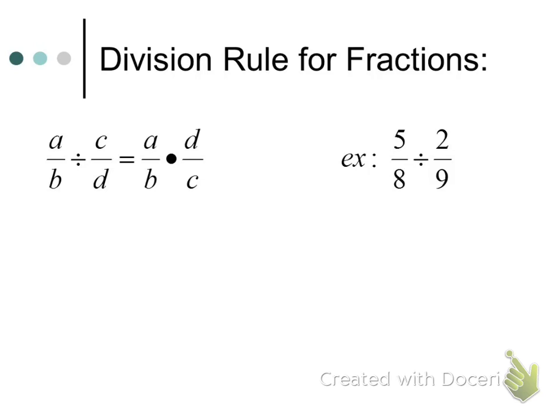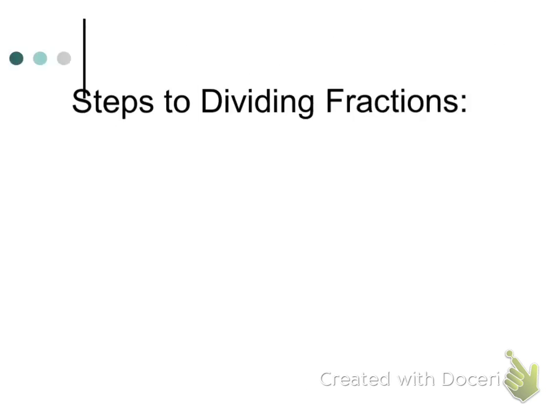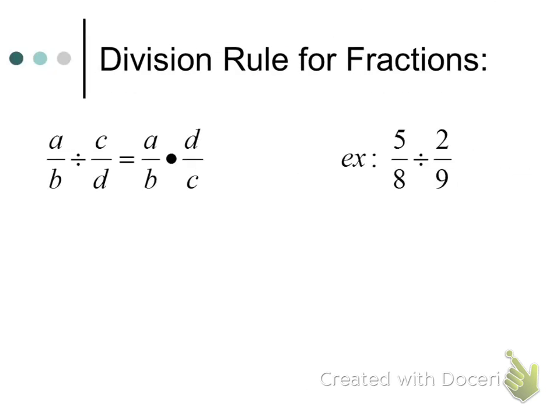We'll move on to our division rule for fractions. I don't think that this is going to be anything new for anybody. So with symbols, we have A over B divided by C over D is equal to A over B times D over C. We'll get to the word part in a minute, the steps below.